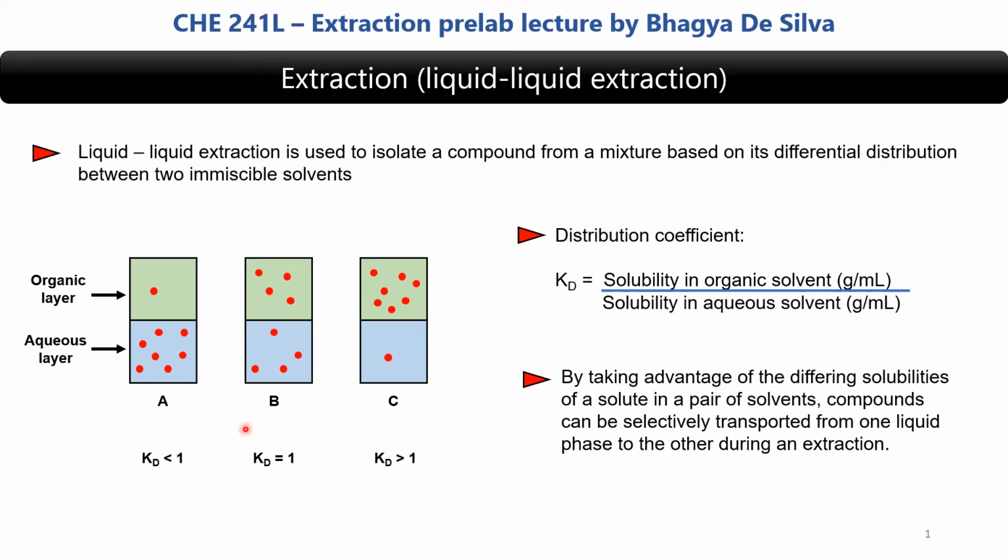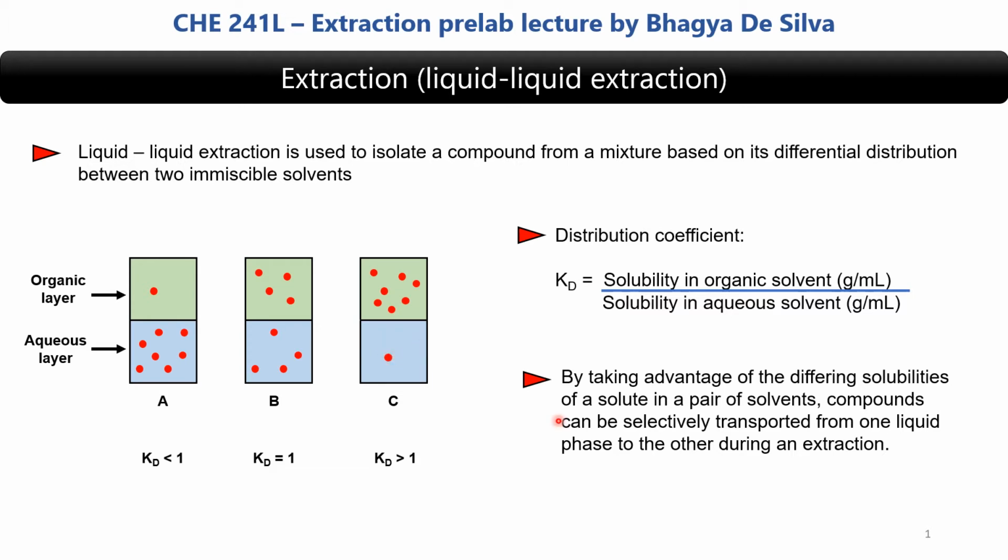If Kd is equal to 1, that means this compound is equally soluble in the aqueous as well as the organic layer. If the Kd value is greater than 1, that means the solubility of this compound in the organic layer is much higher than its solubility in water.